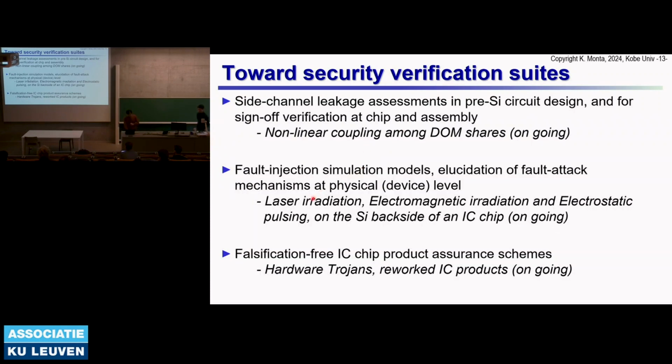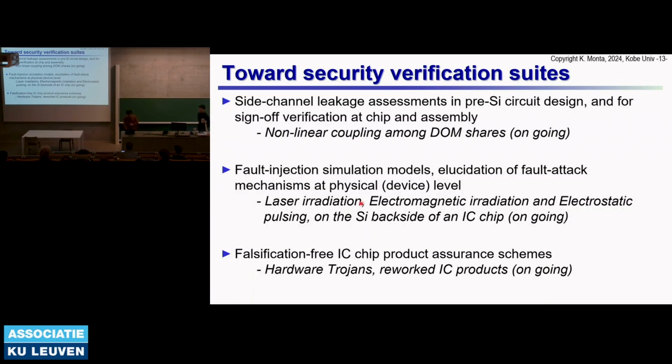And also the fault injection is another category. We are targeting how the injection will come to the device and be captured in the model, and how that will finally change into bit flips, having the bits flipped in the flip-flops, for instance. We are quite ongoing on this model, not just for the laser irradiation, but also for the electromagnetic irradiation and even the electrostatic voltage pulsing as well.